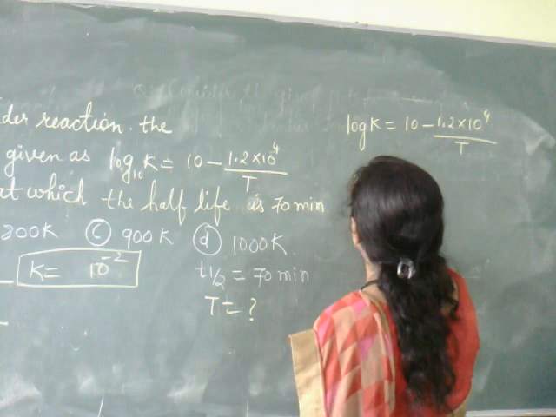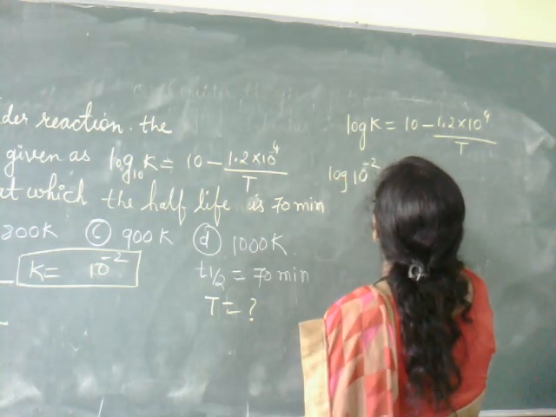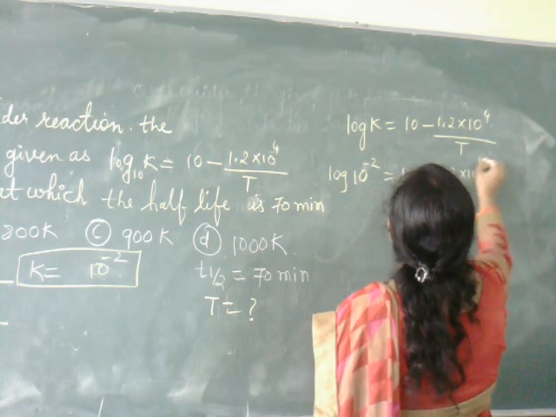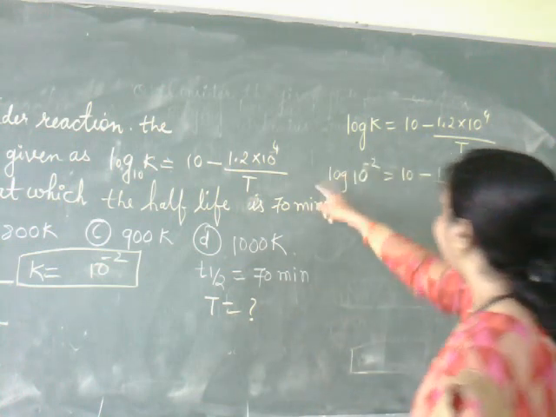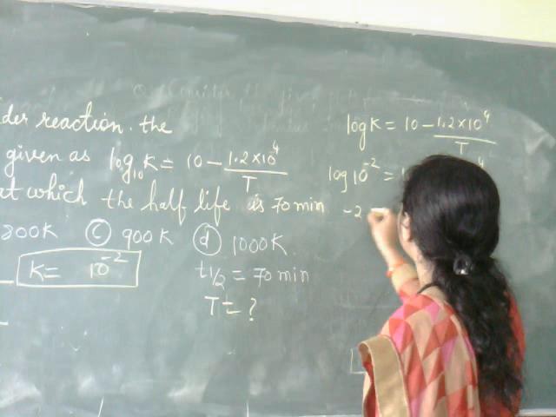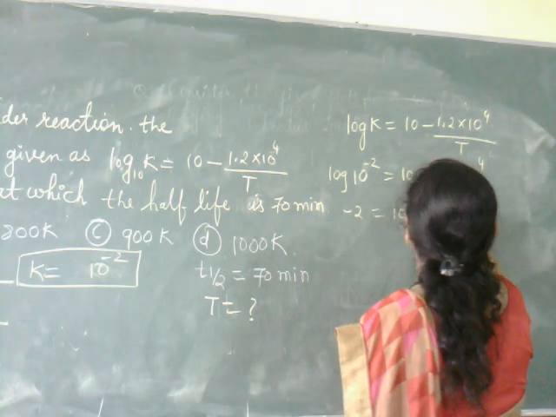Log K value how much here? 10 raised to minus 2. Log 10 raised to minus 2, minus 2 will come here, and log 10 value is 1 only. So minus 2 is equal to 10 minus 1.2 into 10 raised to power 4 by T.